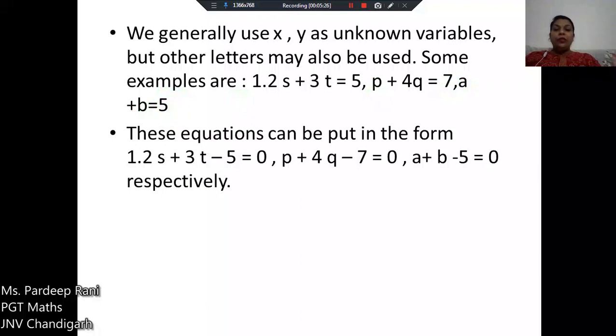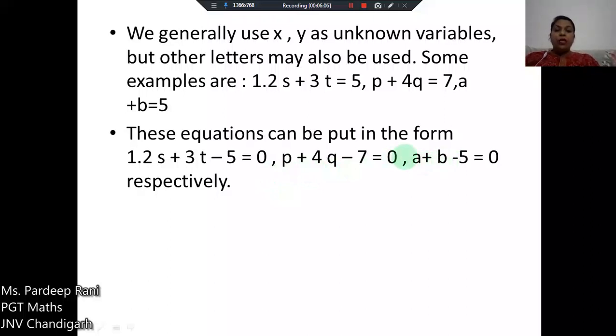All of these equations can be put in the form of 1.2s plus 3t minus 5 equal to 0, p plus 4q minus 7 equal to 0, and the last one is a plus b minus 5 equal to 0 respectively. Dear students, you can see very clearly that the variables used in these equations are, in the first one s and t, in the second one p and q, and in the third one a and b.